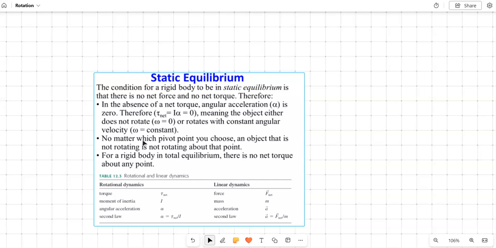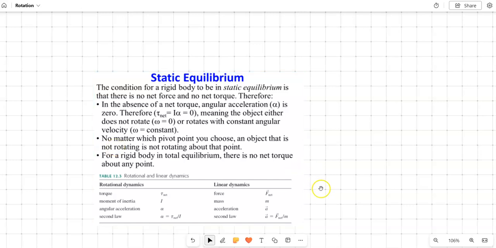So you could choose any point along that lever arm to be your pivot point. One strategy is to choose a point that will optimize our problem. We'll get into that when we do a bicep problem with an arm a little bit later.